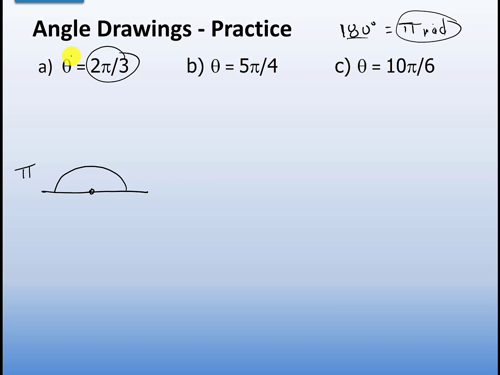Now, this is 1 whole pi. So if I write pi as a fraction, it's a whole pi. And I don't want a whole pi. I want to see a picture of 2 pi thirds. So I'm going to change pi here so that it matches the fraction I'm interested in.